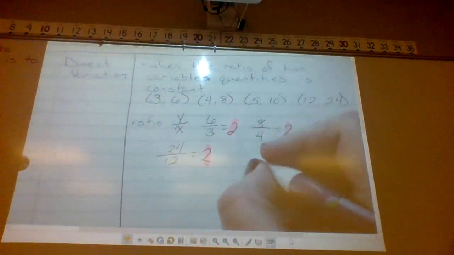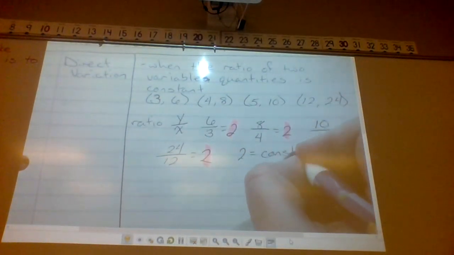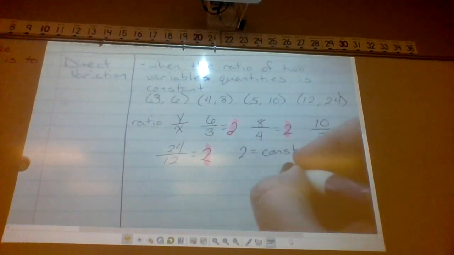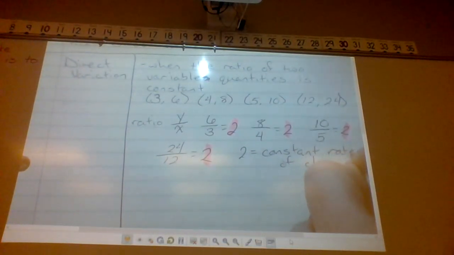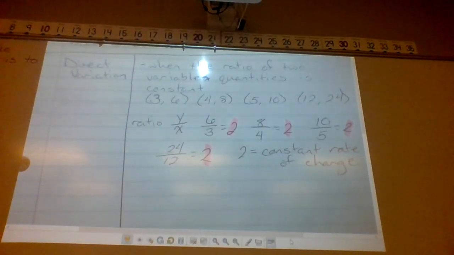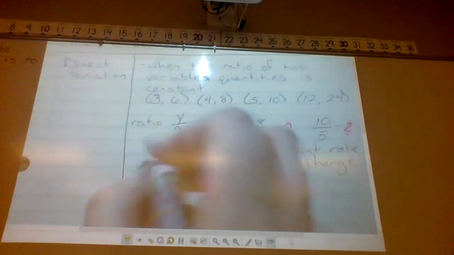Okay, so this 2 is the constant rate of change. But here's what else we need to know.